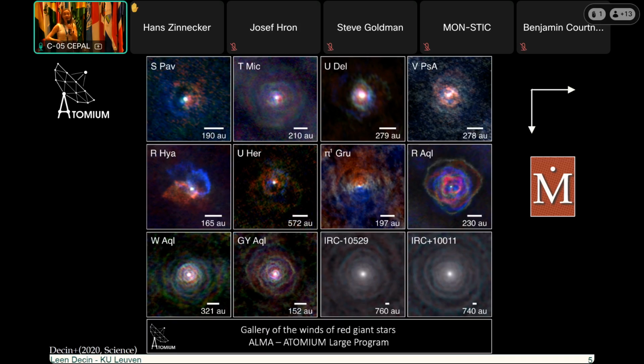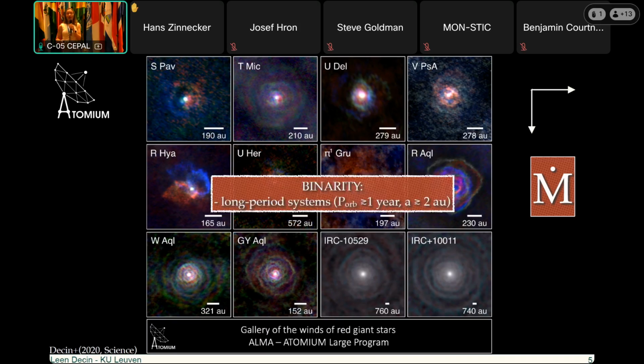The easiest ones are the bottom ones, the spirals that can come from the interaction with your AGB star. So the idea there is that indeed what we see here is an interaction with a companion, in long-period systems, with orbital periods above a year and orbital separations above roughly 2 astronomical units.